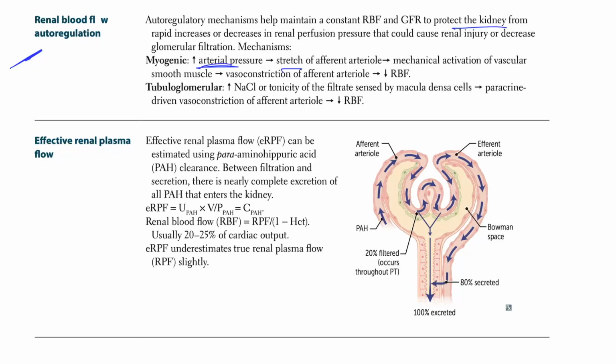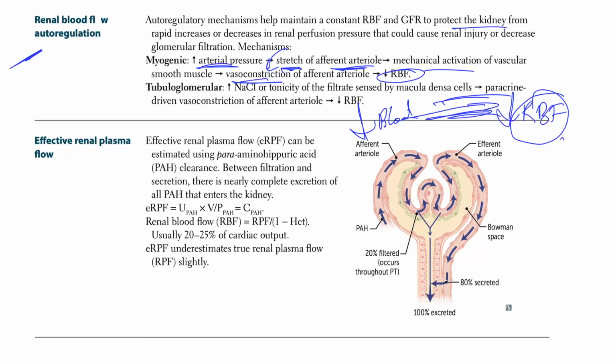There's a stretch in the afferent arterioles, which causes mechanical activation of the vascular smooth muscle. So that leads to vasoconstriction. So stretch eventually causes vasoconstriction of the afferent arterioles. When you decrease the amount of blood going into the kidney through the afferent arterioles, you're decreasing the renal blood flow.